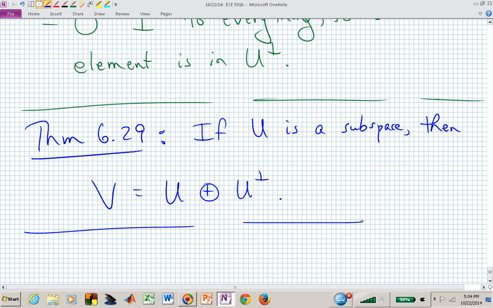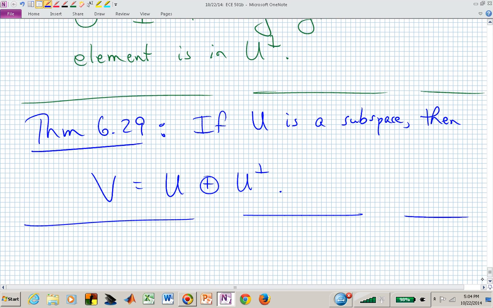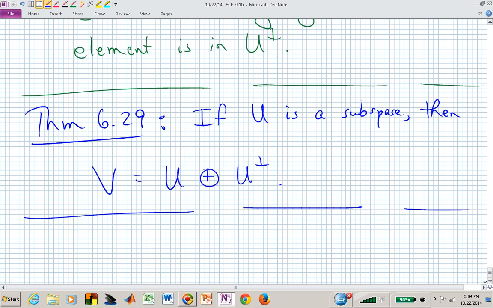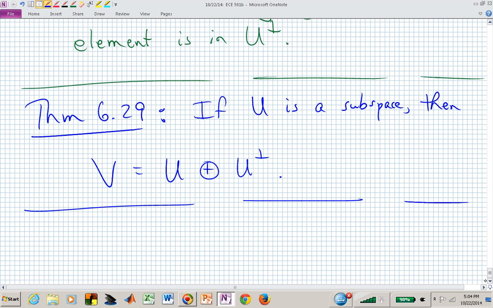Another interesting corollary to that theorem is labeled 33 in the textbook.